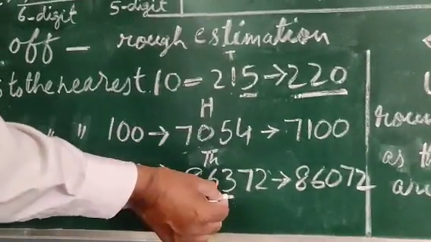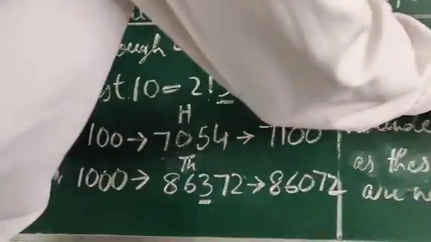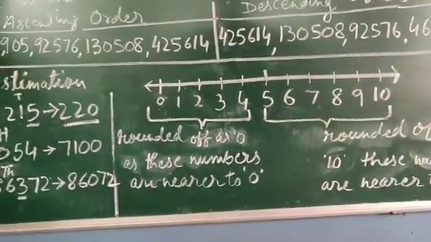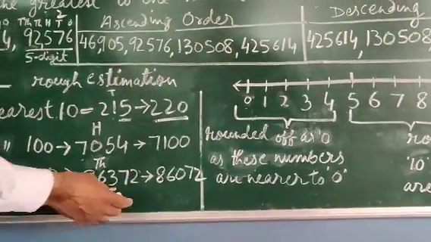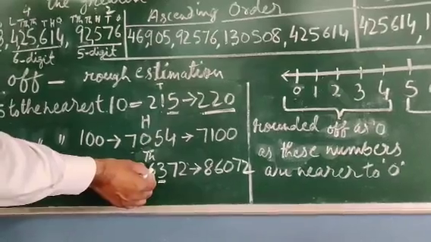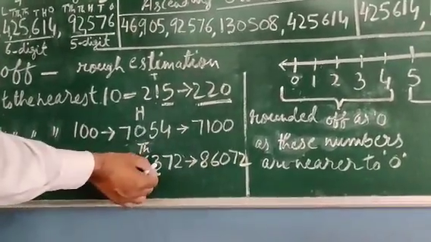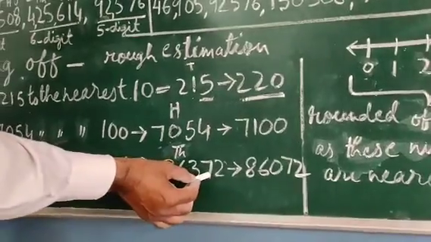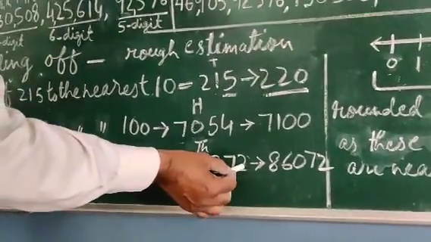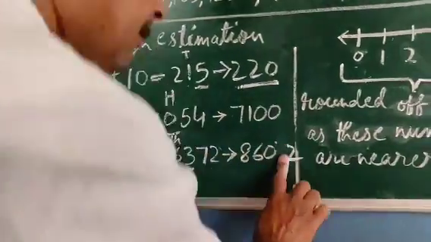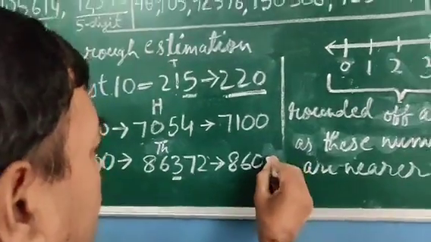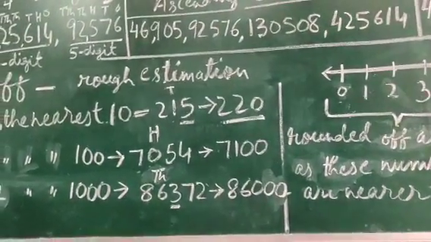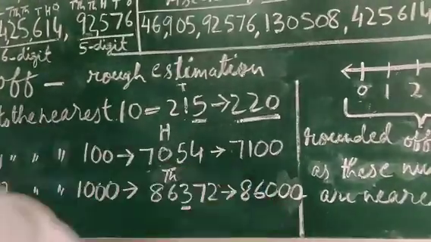It is 3. 3 will be rounded off as 0. So the digits after it, 3, 7 and 2, will all become 0. So, the answer will be 86,000.